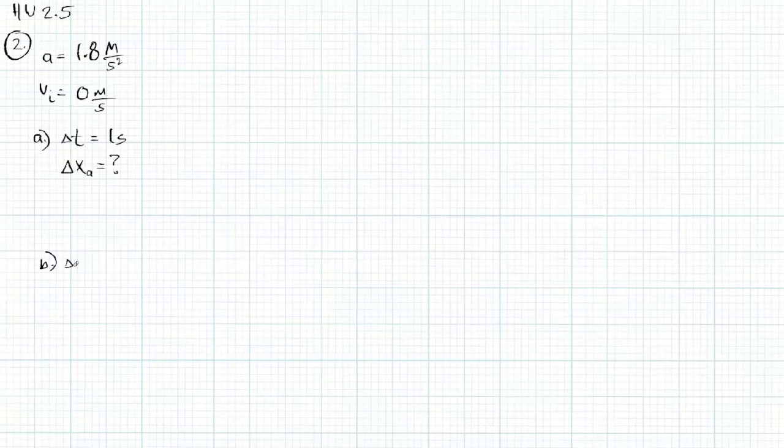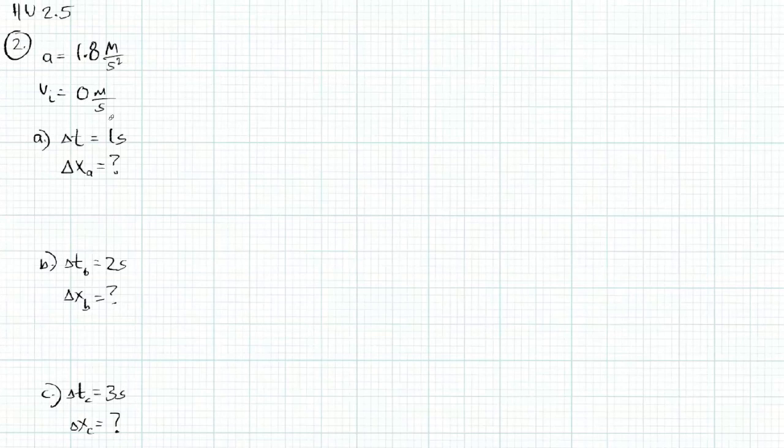We're told that change in time at B is equal to 2 seconds, so we need to find the displacement at B as well as at C. So C, put down here, change in time at C is 3 seconds, so it's up to us to find the displacement at C.